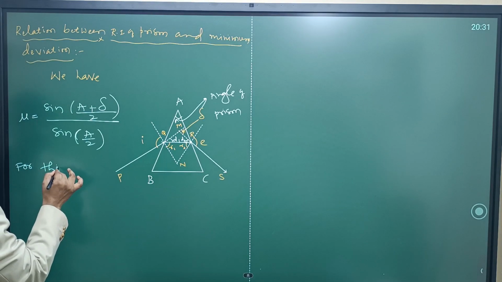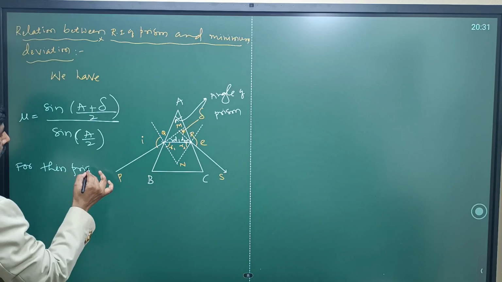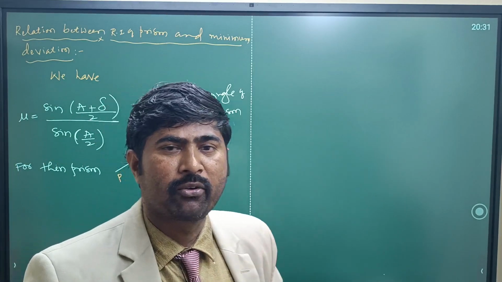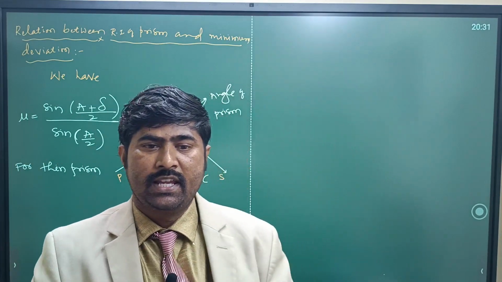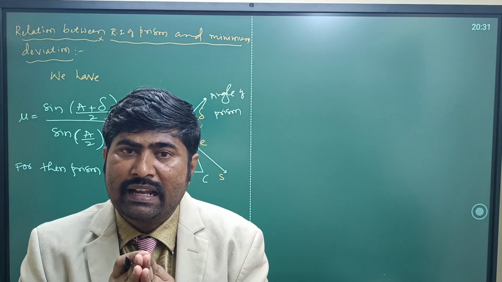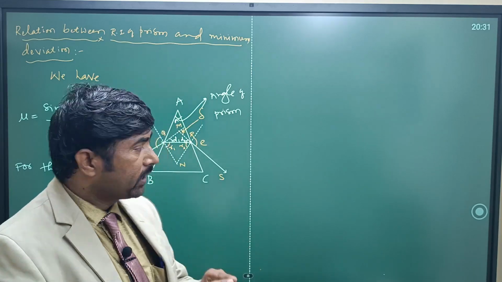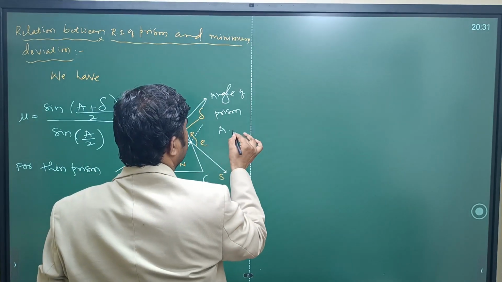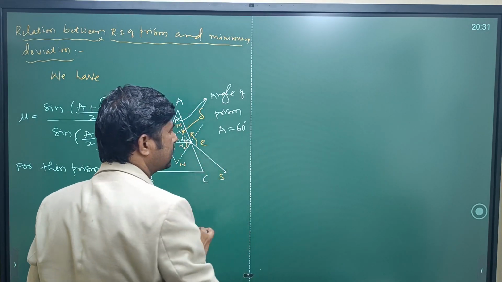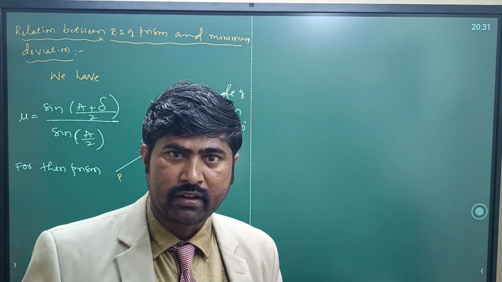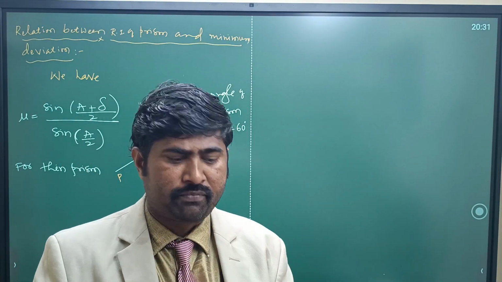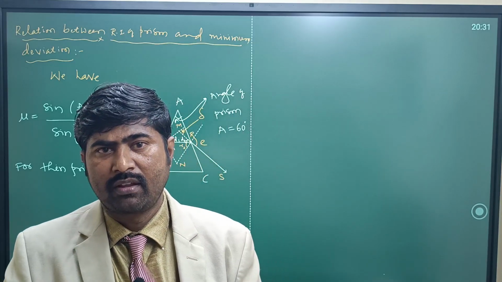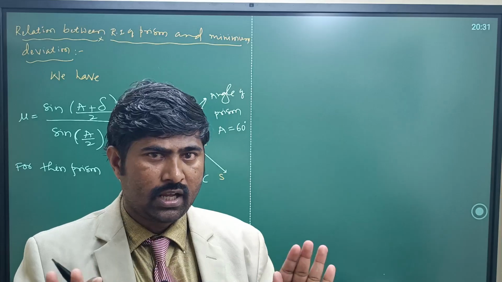The angle of the prism must be less than 10 degrees. A standard prism has an angle of prism of 60 degrees. If I consider a small prism whose angle of prism is less than 10 degrees, then it is considered a thin prism. Are you clear about this?